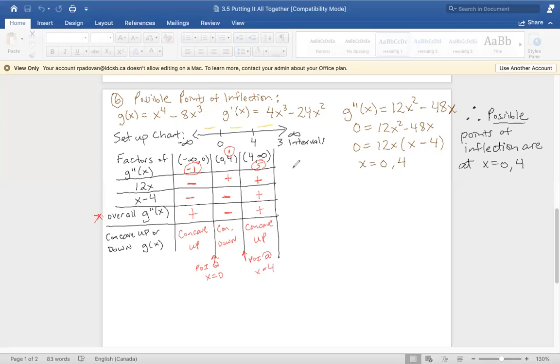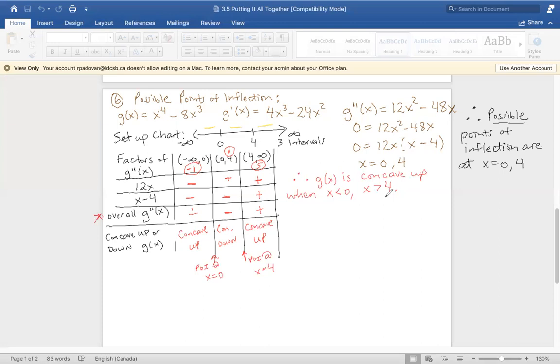So I can put a therefore statement here. Therefore, along the original function, g of x is concave up when x is less than 0 and when x is greater than 4.